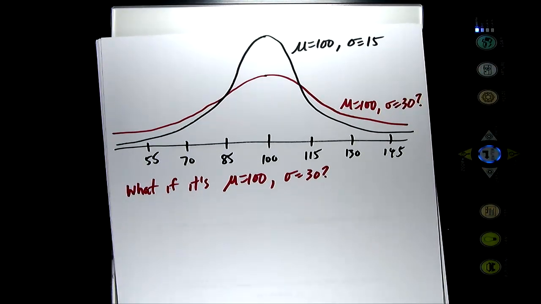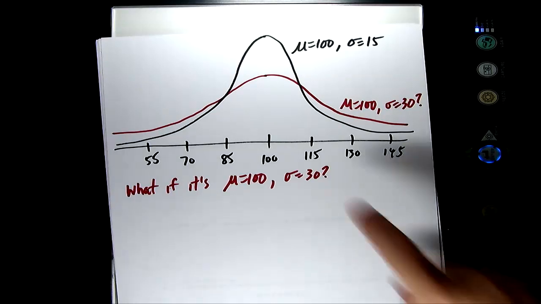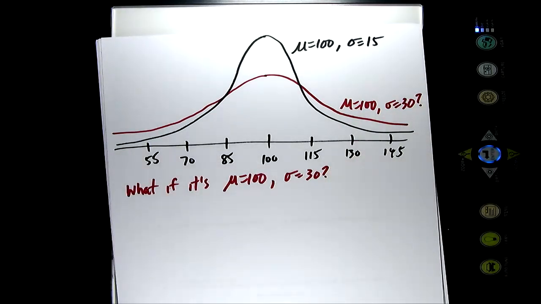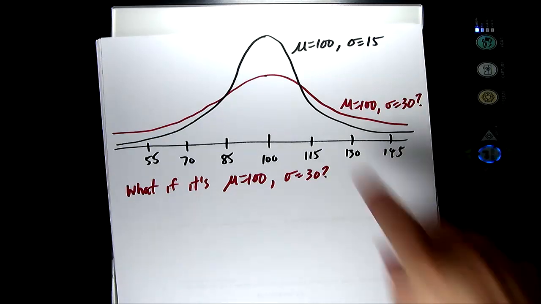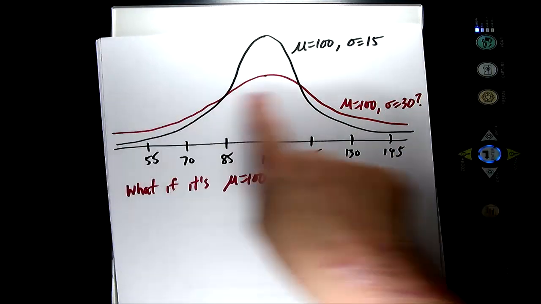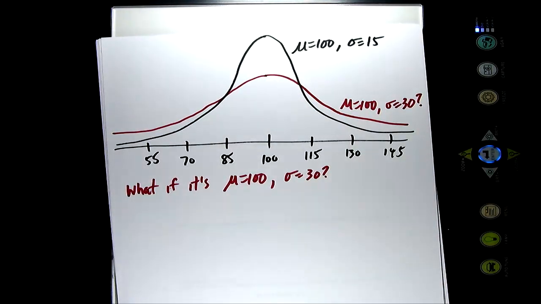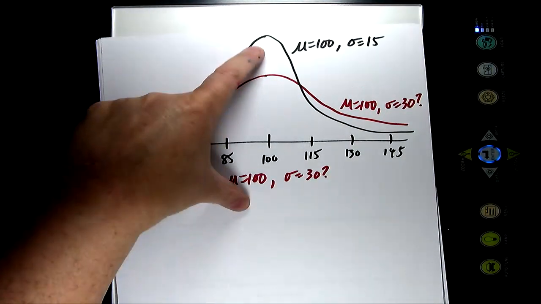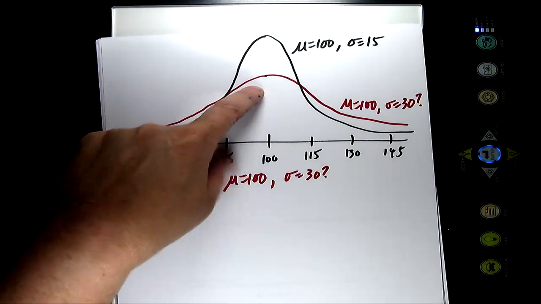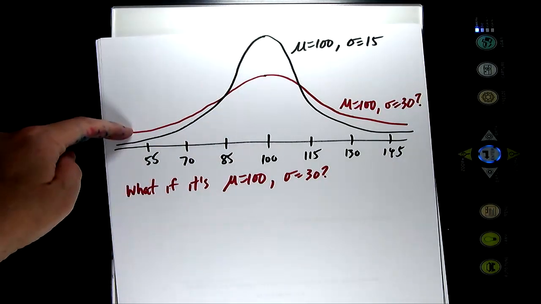Picture this like a sandbox. There's a specific amount of sand in the box. You could pile it all up in the center, and if you use water and pack it, you could make a tower that's pretty narrow, right? But eventually it dries out and falls down, and the sand fills up the outer regions. The sand's got to go somewhere. If the pile in the middle of the sandbox goes down, it's spreading out and making the areas out here taller.